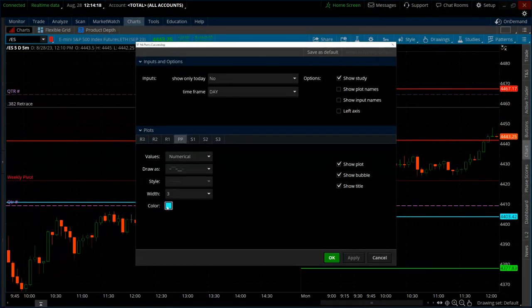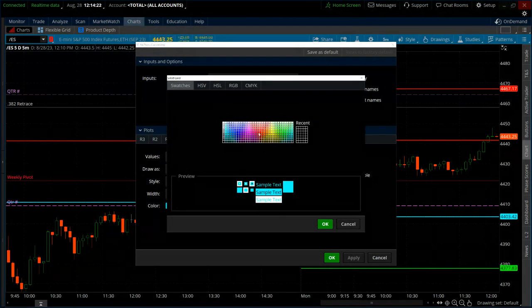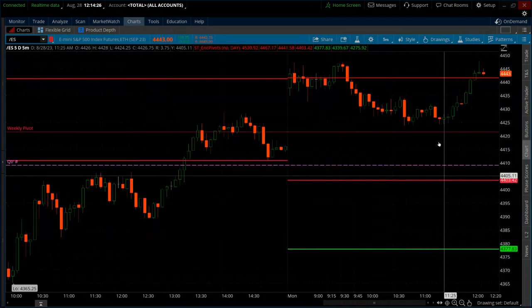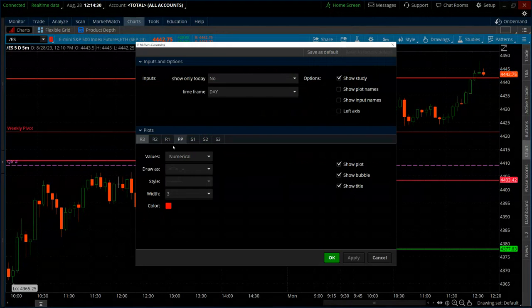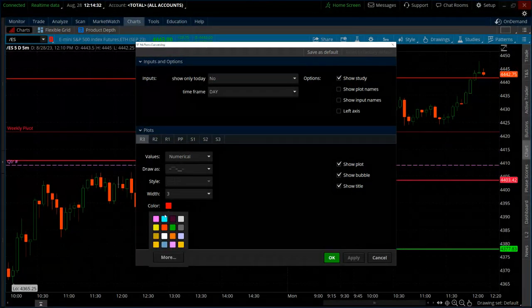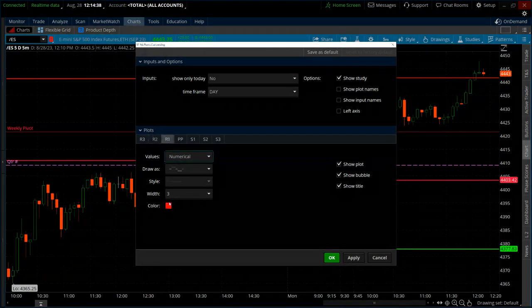I mean, he really does remarkable work. He built this for me because I was complaining one day that I could not find a pivot points indicator on the TOS platform that I liked, that I could trust.